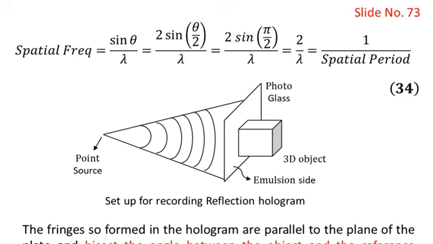This spherically diverging wave passes through the photoglass and then reaches the 3D object, from which the light is scattered, and a part of the beam from the 3D object reaches the emulsion.